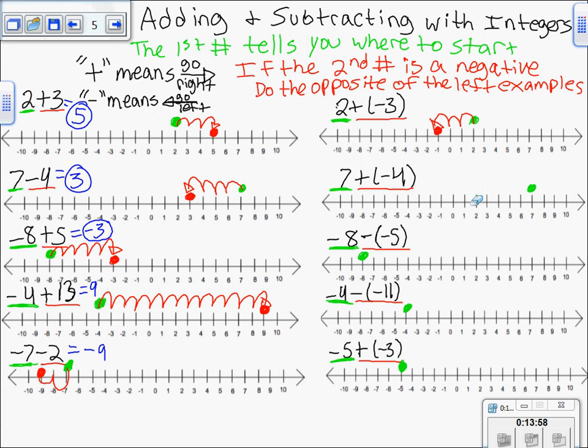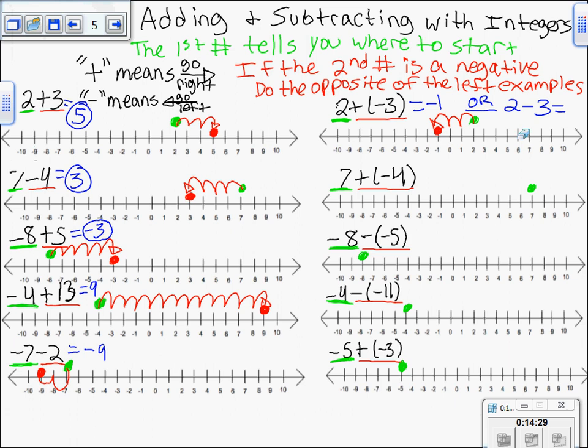Now, some of you are like, well, hey, I just went to the left. I learned I go to the left when I just regular old subtract. Well, that's actually true, because you can think of that question. For starters, I'll write the answer. That question can also be written as 2 minus 3. Because when you add a negative, you'll start to realize every time you add a negative, you go left. Another way to think of going left is by saying subtract, like over here when we subtracted 4.